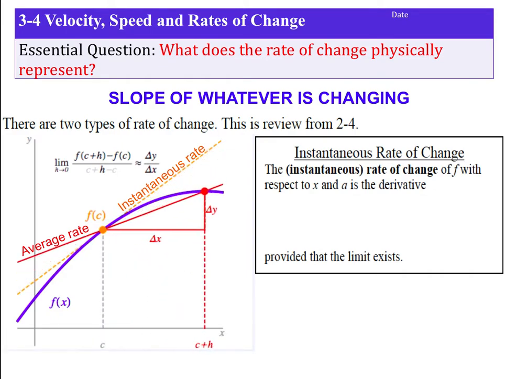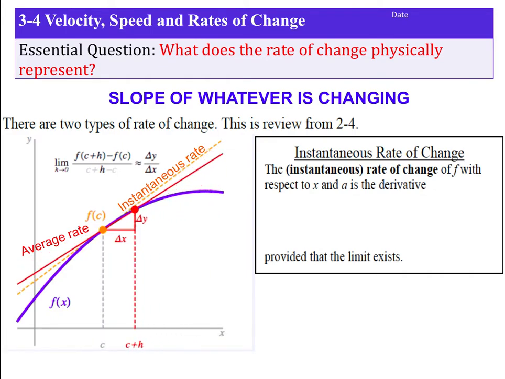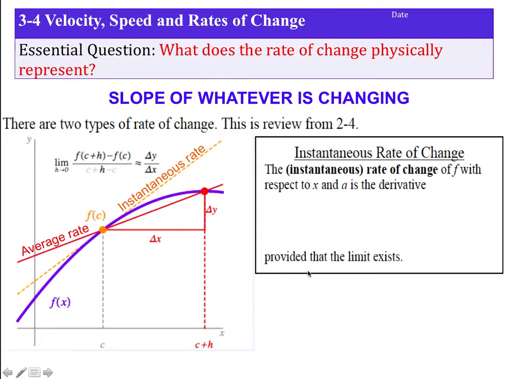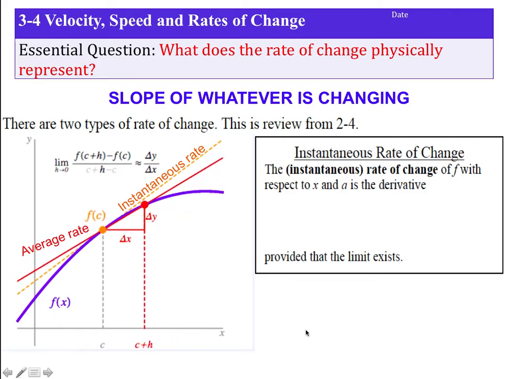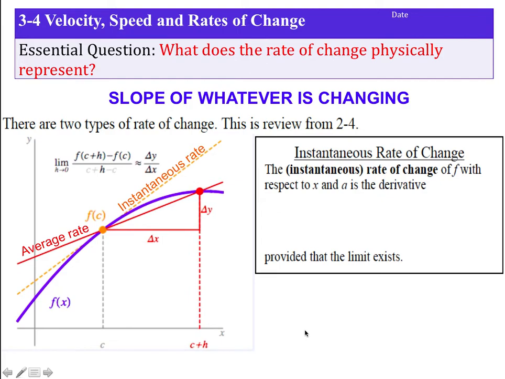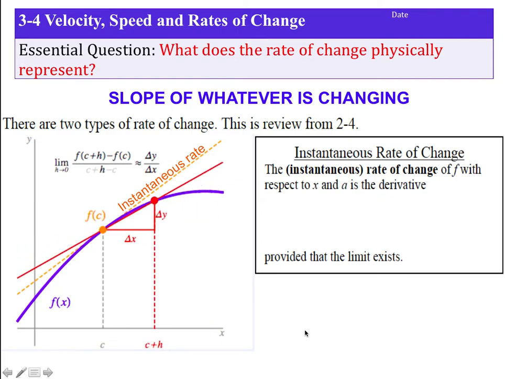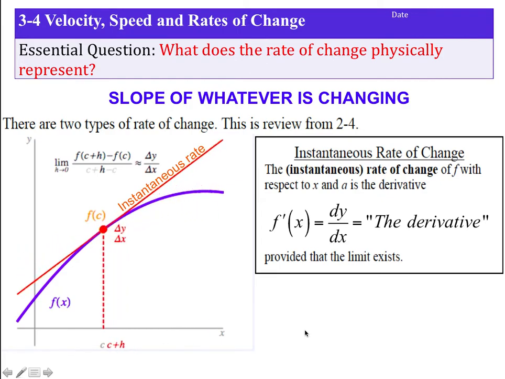So the instantaneous rate of change is looking at that slope at that single point. And if you remember back from 2.4, the slope at a single point on the curve, or we just call that the slope of the curve, is the derivative. So the instantaneous rate of change then is the derivative.